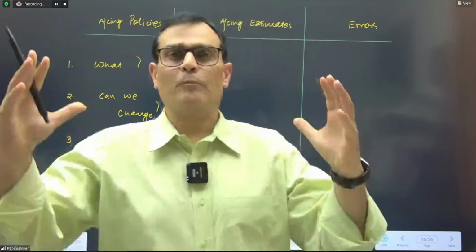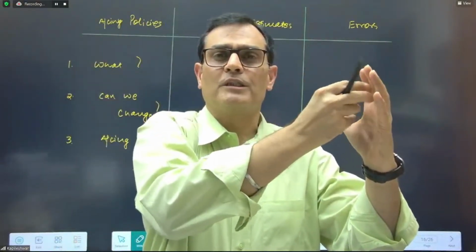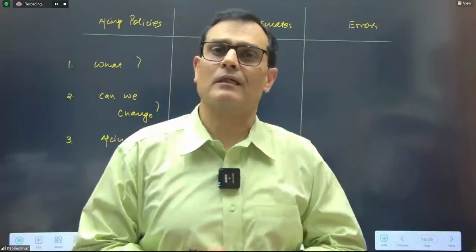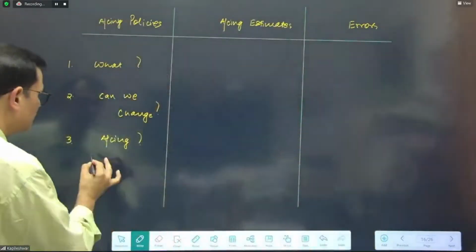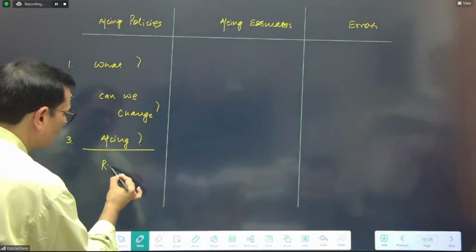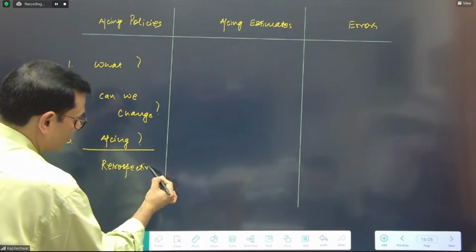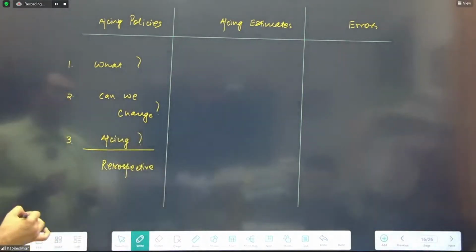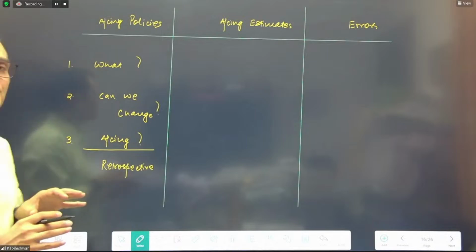So I want you to go back and change the policy with a retrospective effect. Change the policy from the day you started accounting for that particular original policy. So the accounting for the change is going to be on a retrospective basis. So we will do a retrospective accounting. So 3 agendas which you need to understand. What is an accounting policy?